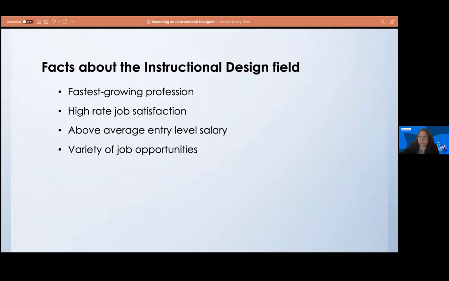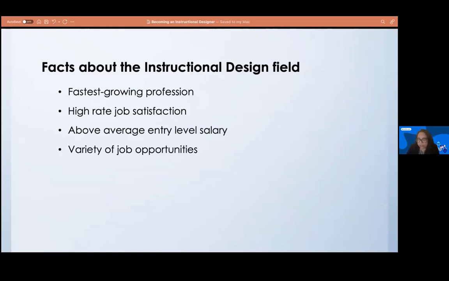Also, instructional design presents various job opportunities in specialized niches. For example, learning design and strategy, content writing, instructional technology, e-learning developer, multimedia specialist, graphic and user designer, instructor training, and project management.